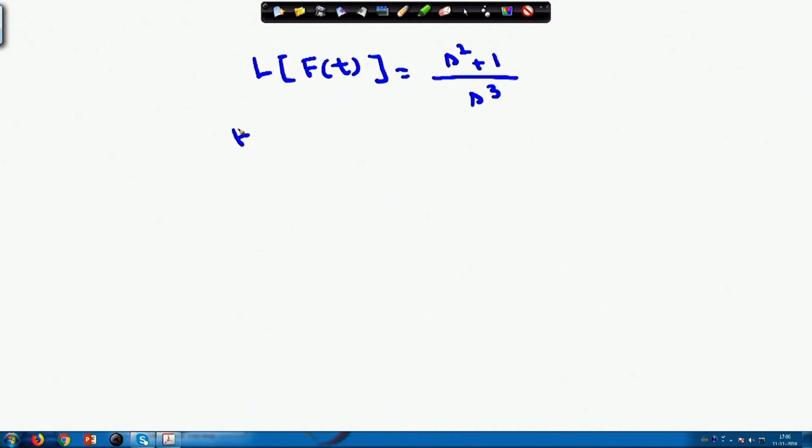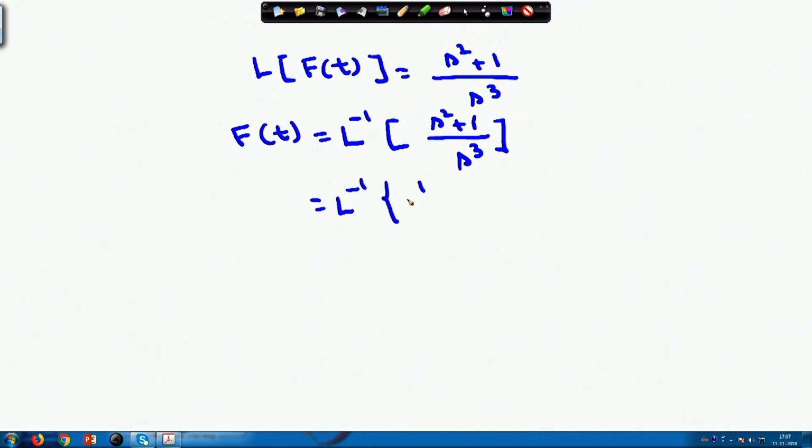So, you can find out now that f(t) will be the Laplace inverse of s square plus 1 by s cube. Once I am getting this, I can write it as the Laplace inverse of 1 by s plus 1 by s cube.